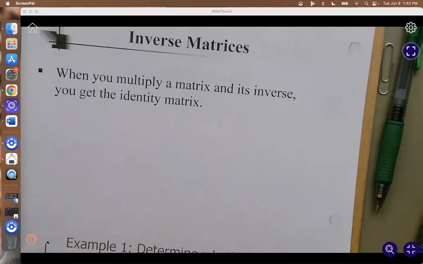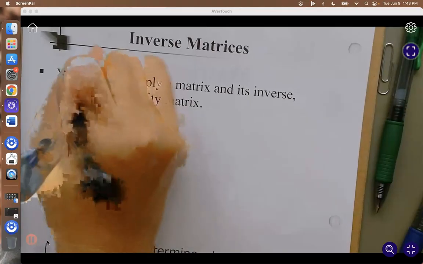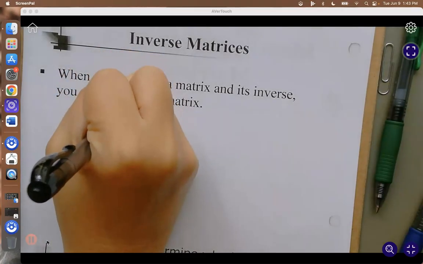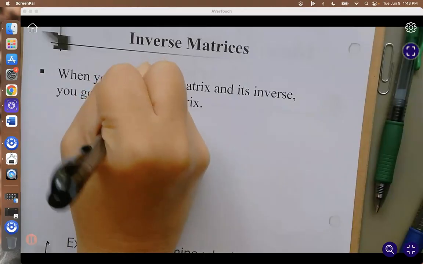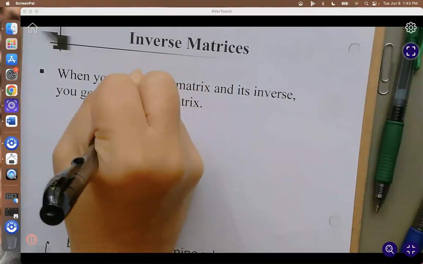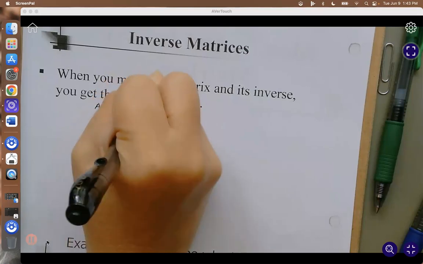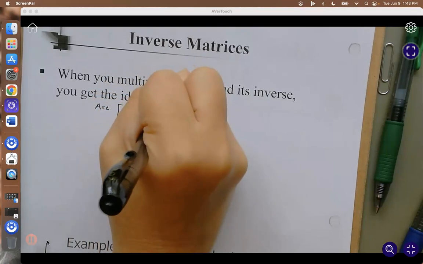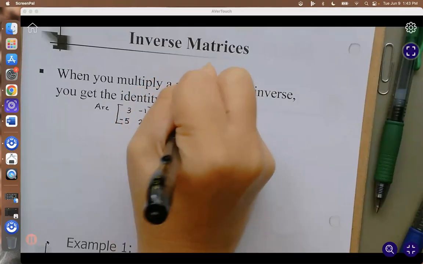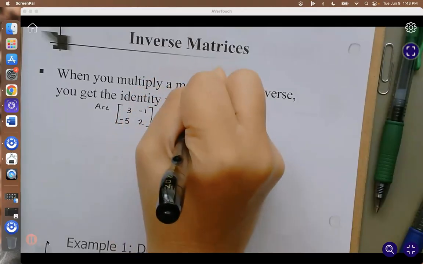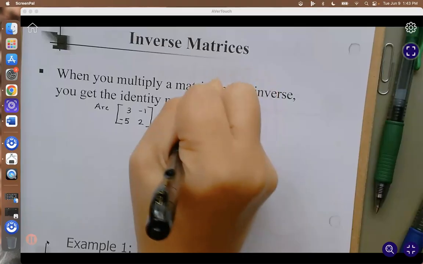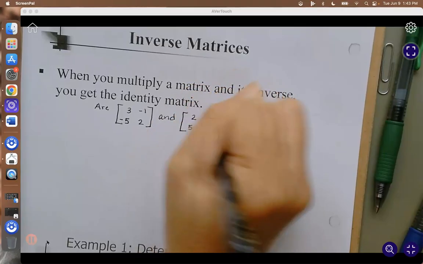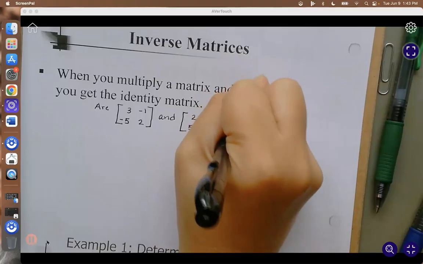So the question that they're going to ask me right here is, are 3, -1, -5, 2, and 2, 1, 5, 3 inverses?